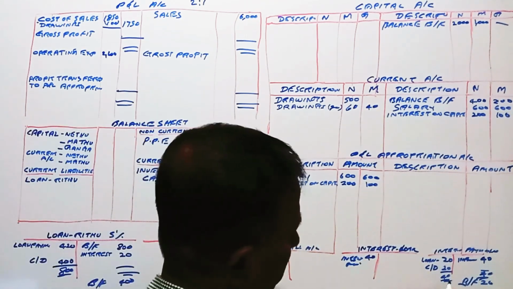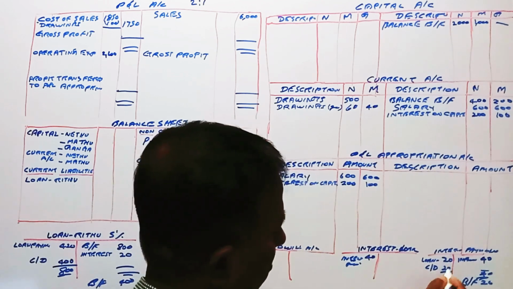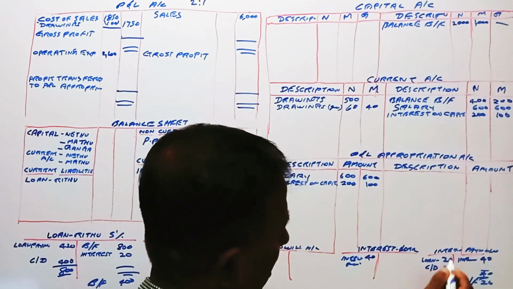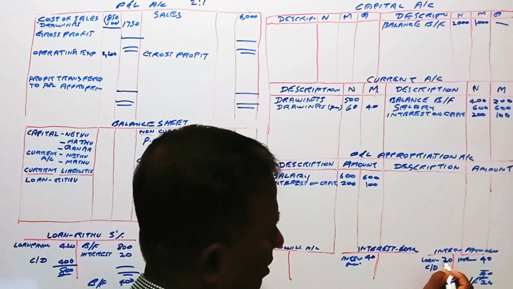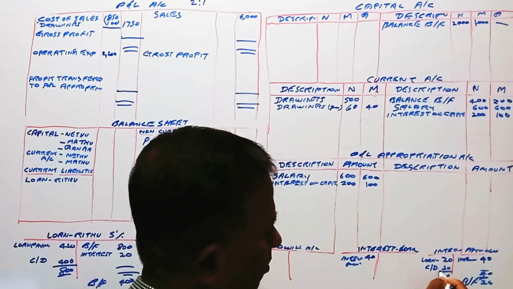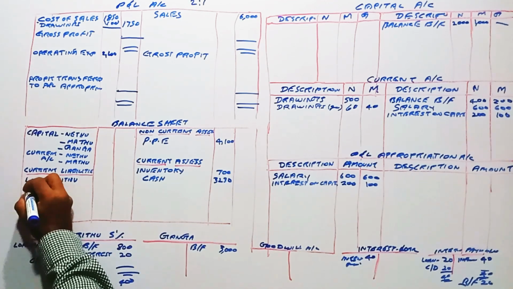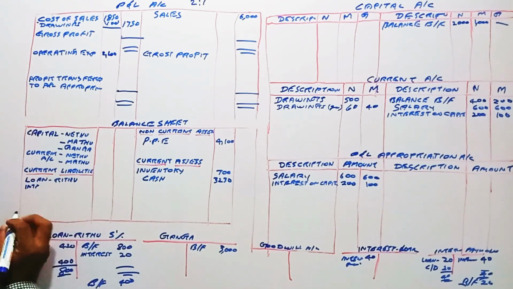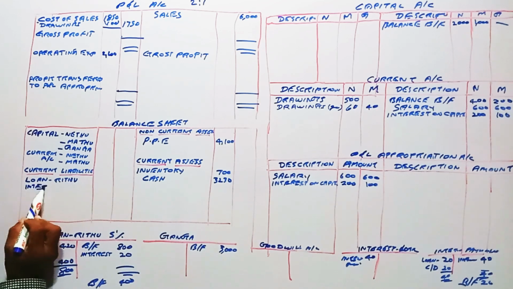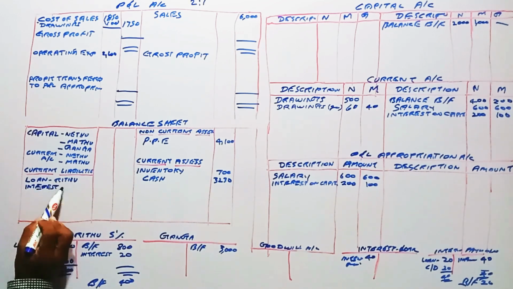So the balance will be 40, and if you deduct the 20, then the carried value will be 20. So you have to pay the interest payable, right Ritu?